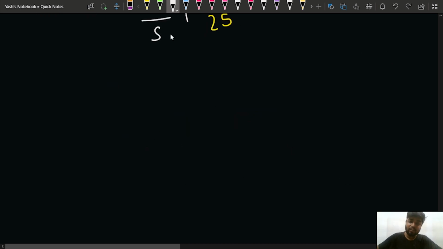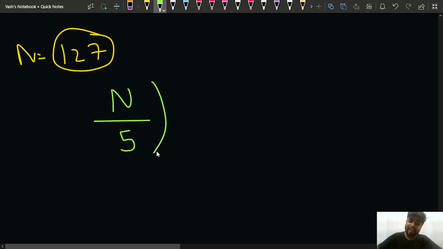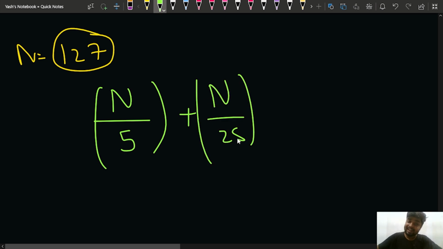Similarly, if I was given another number, let's say 127, and I have to find 127 factorial, the single 5s I can calculate using n divided by 5. Plus I have to divide n by 25 as well, because the double 5s will also be there, as I discussed.